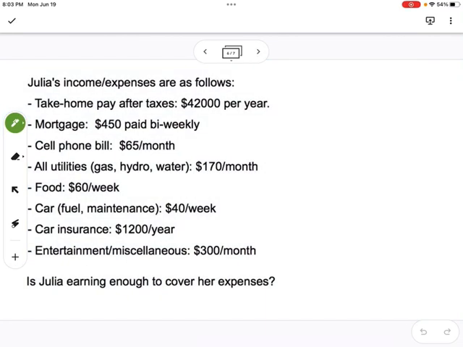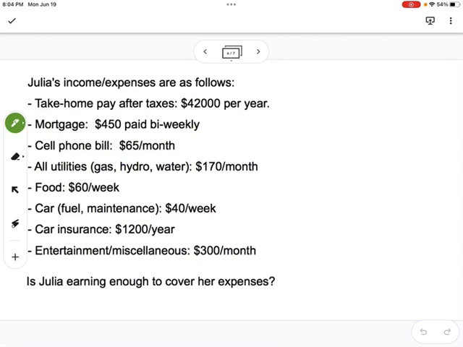Okay, so with our budget, we want to focus on monthly. So each piece of our budget we want to make sure is in the proper form. So looking at Julia's income and expenses, the take-home pay after taxes is $42,000 per year.